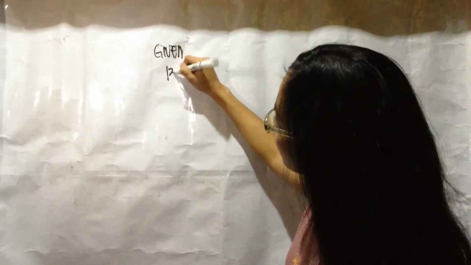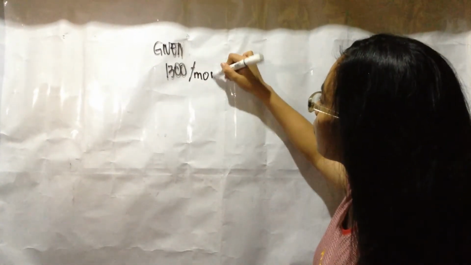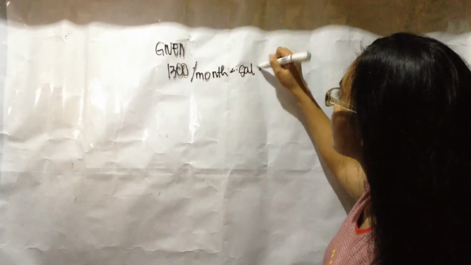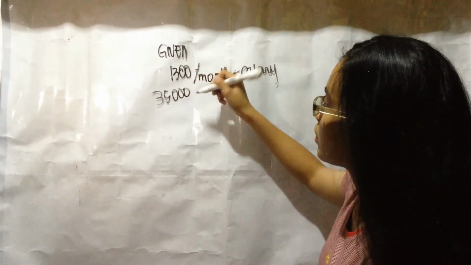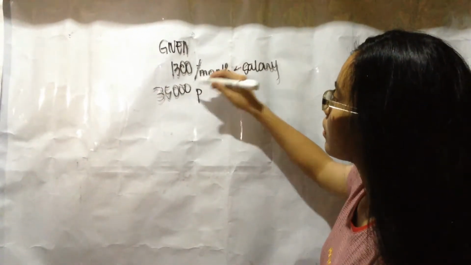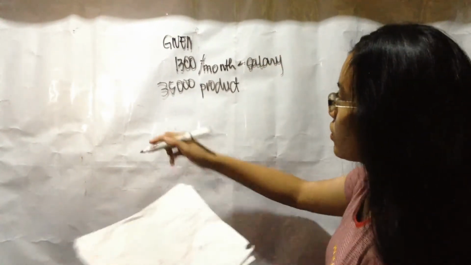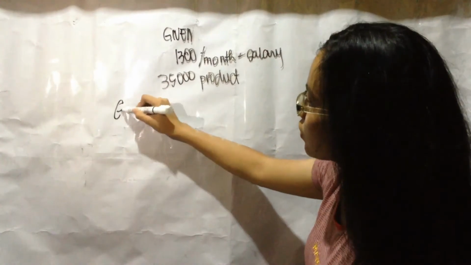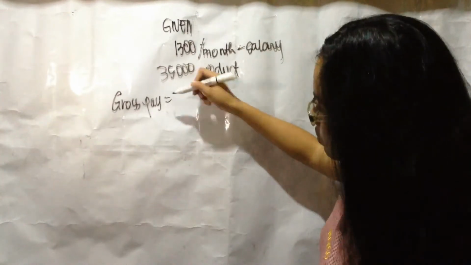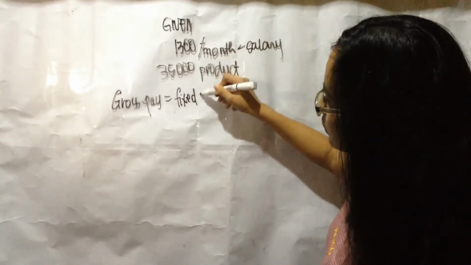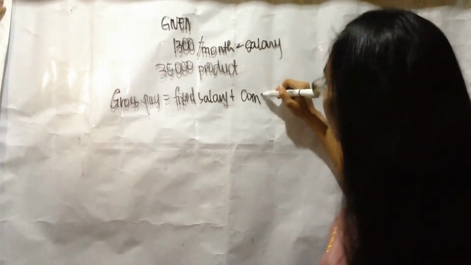So, salary. Then 35,000 for the product sold. So, equals to fixed salary plus commission.